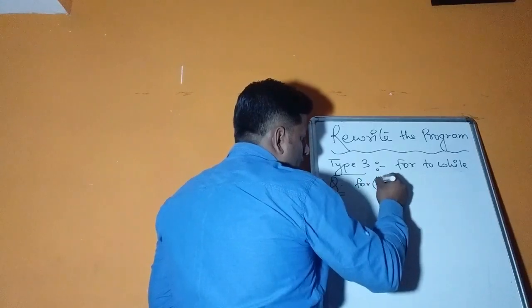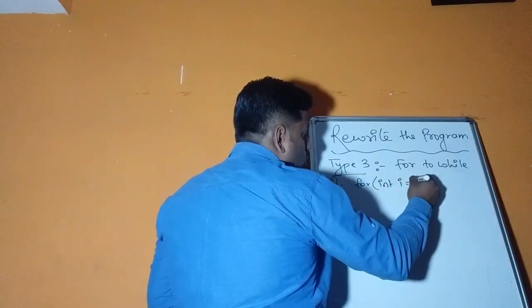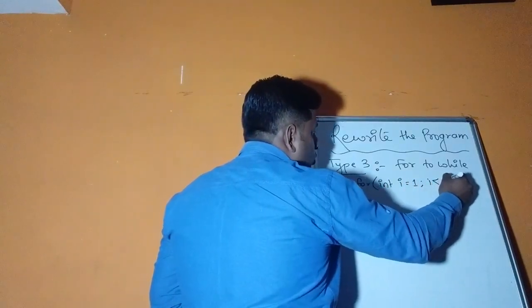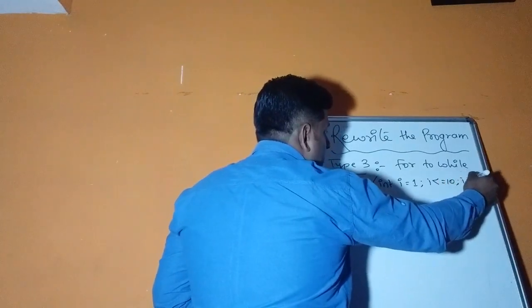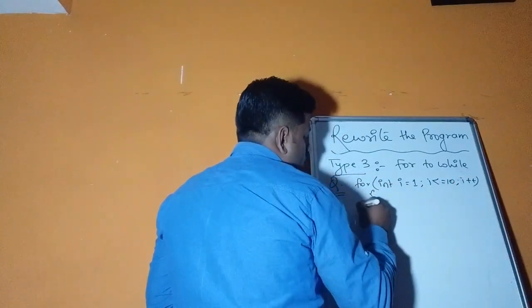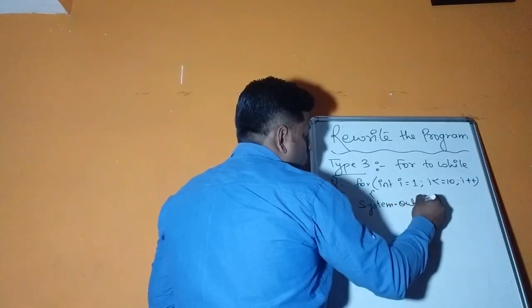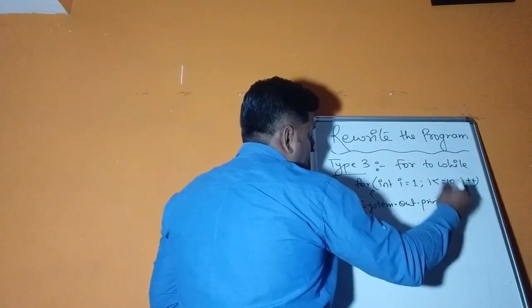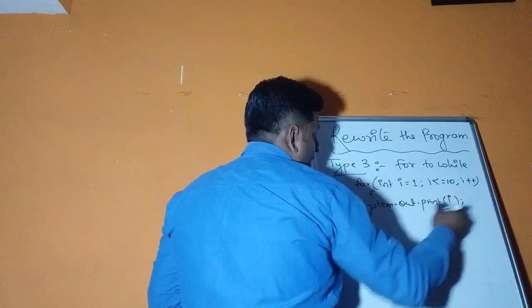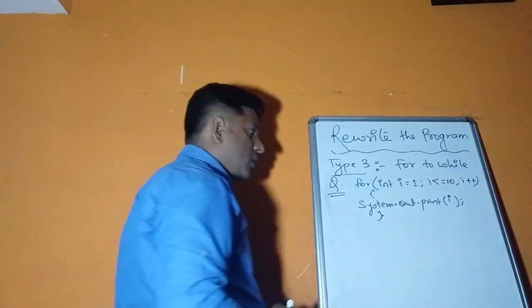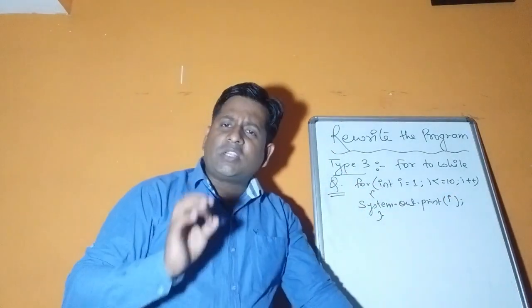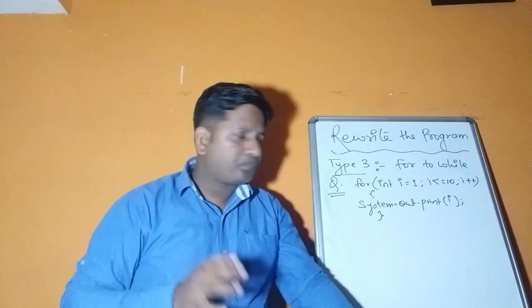for int i = 1; i <= 10; i++ { System.out.print(i); } We'll print the value of i, then we'll close. So children, this is the syntax of writing a for loop.